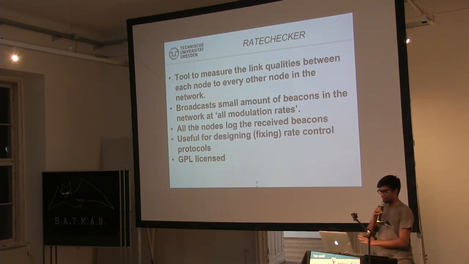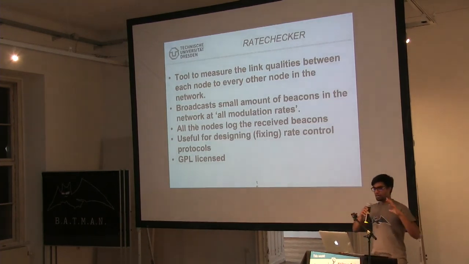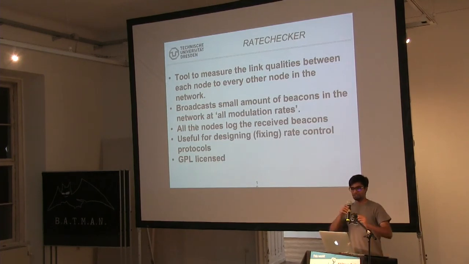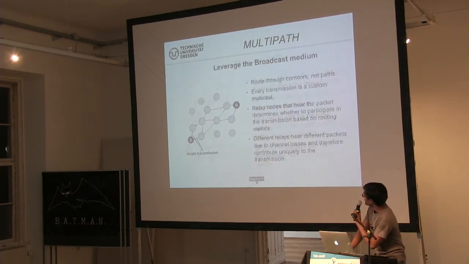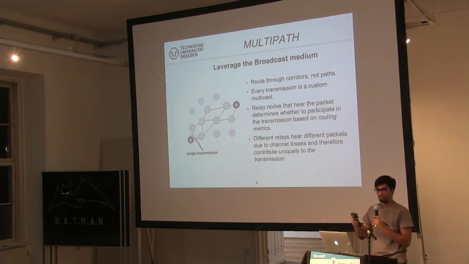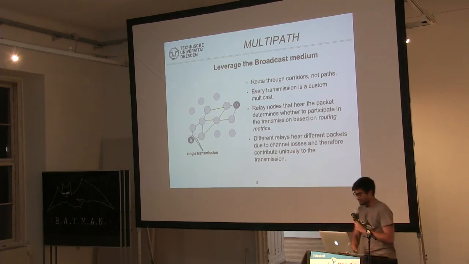And this is a tool that we want to use to understand, first of all, how the links in the network are, to understand a network completely, not just putting one metric on each link like any other routing protocol will do, but a metric for each rate. Because going back here, this particular link is not something you can categorize as, hey, this is this % lossy, because in each data rate, it is a certain % lossy, right?